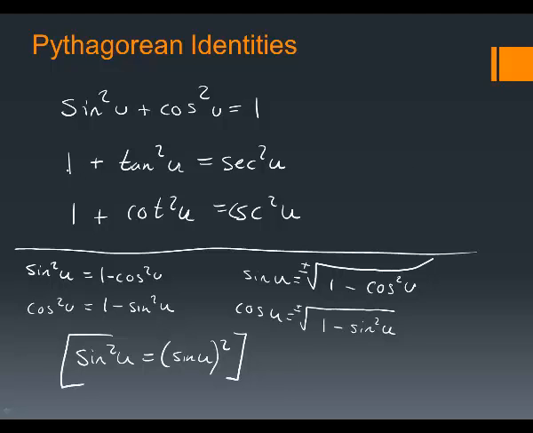You'd subtract 1 and you square root it. So tangent u equals plus or minus the square root of secant squared u minus 1. Same thing with cotangent. Sorry about that, it got a little messy.